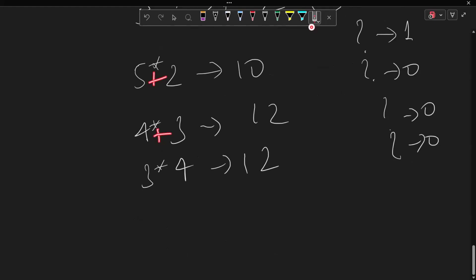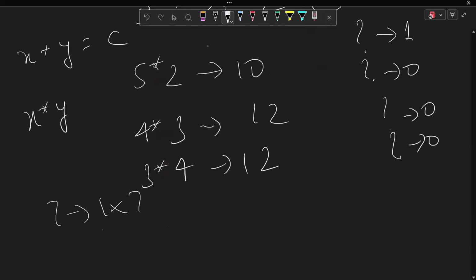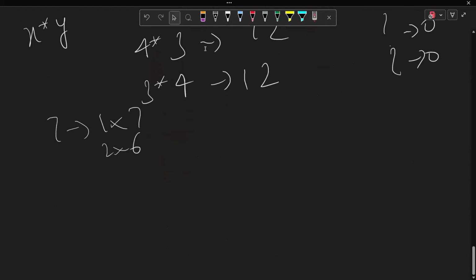This x plus y would always be 7. So if your x plus y is some constant c and you need to maximize the value of x into y, what can you do?